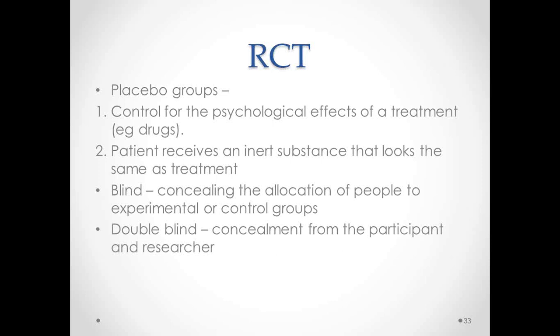They don't know what it is. And double-blind is when the researcher doesn't know either. So it's giving out white tablets, it's monitoring the results, and then after it's got the results back, the researcher will find out who was getting what drug. And I'm sure you can think through in your head what might be some of the pros and cons to all of these aspects of blind or double-blind principles.